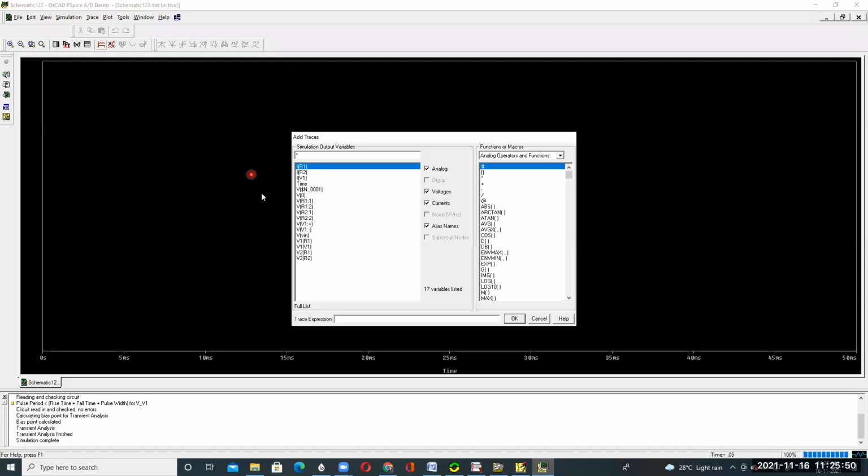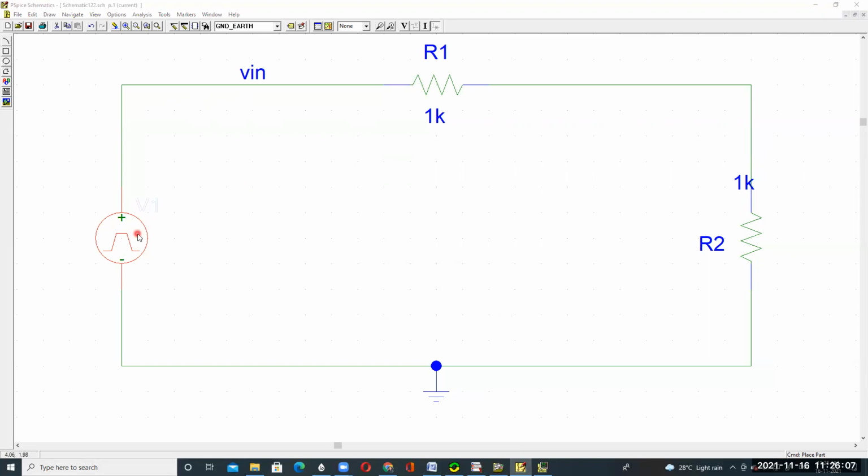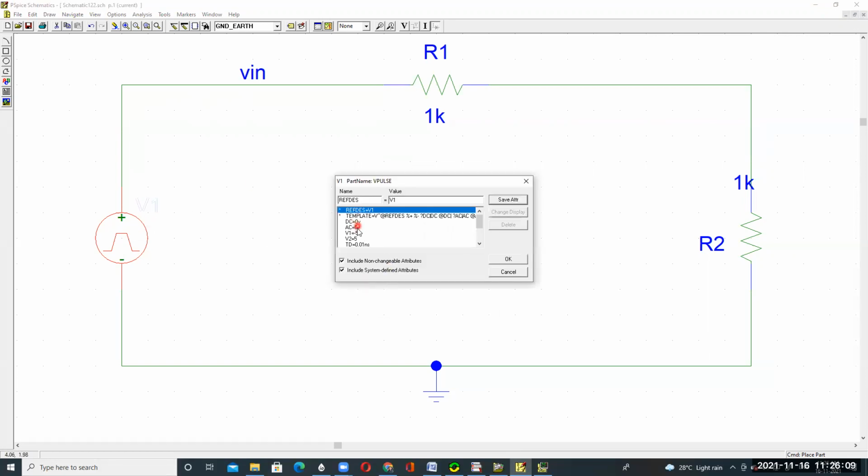Then press V in. You are getting this type of waveform, 5 milliseconds, 10 milliseconds, 15 milliseconds, like this. So there is a mistake in the generation of the triangular waveform.